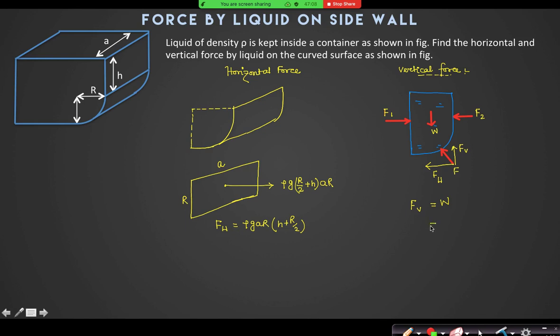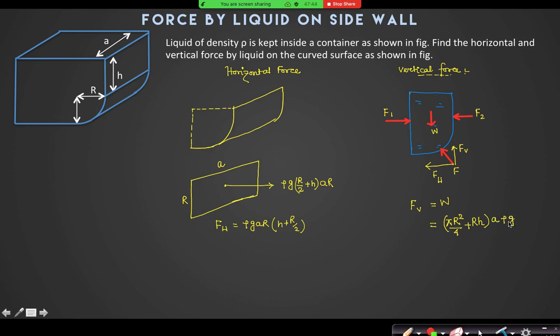So this force is also the answer of Fv that we have to calculate. And what is the weight of this entire liquid that is only above this surface? If you see this front surface area, it is pi r square by 4 plus RH. If I multiply it with A, can I get the volume? Yes or no? Pi r square by 4 plus RH, if I multiply it with A, I will get the volume.